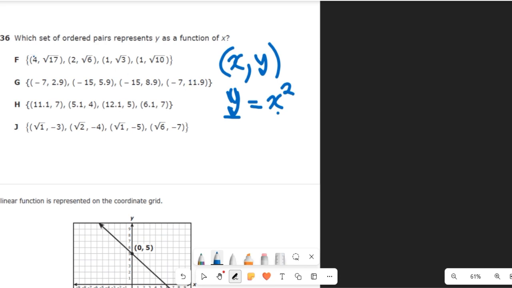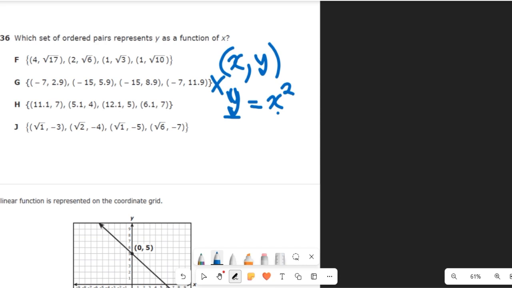Will I still have the same value of y? It will not give me a different value of y. So -7 gave me different outputs. So that means this expression is not a function.